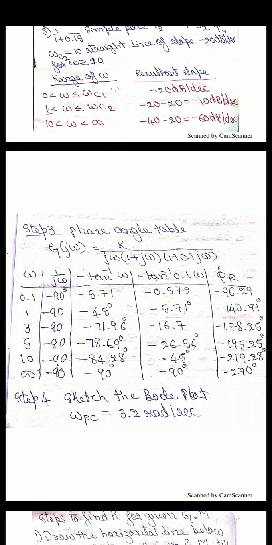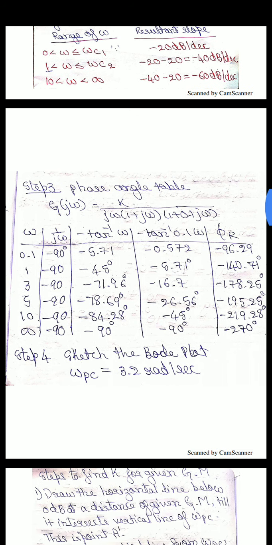Minus tan inverse of imaginary part divided by real part. The imaginary part is omega and the real part is 1, so minus tan inverse omega. Next, minus tan inverse 0.1 omega. Next, the resultant angle phi r.